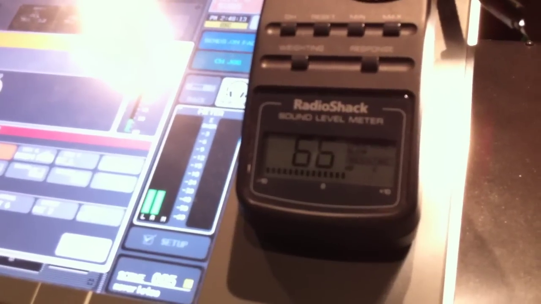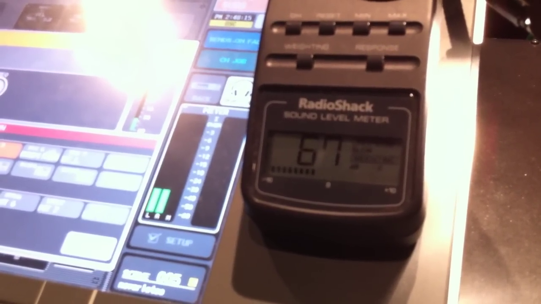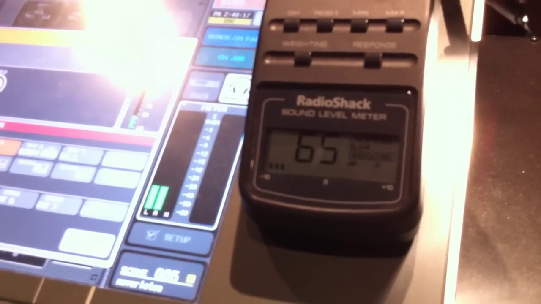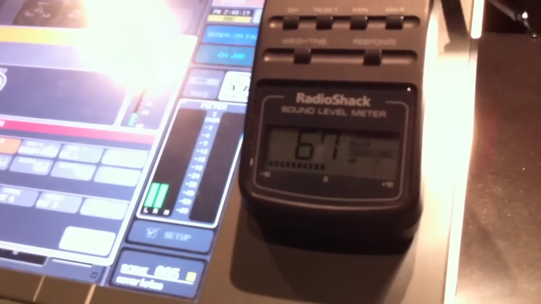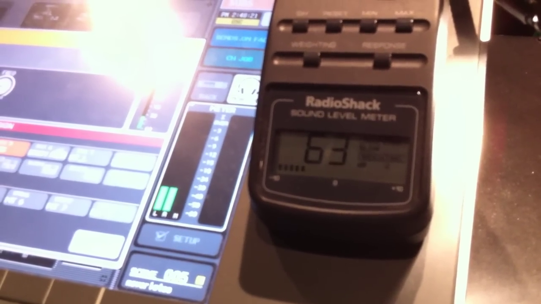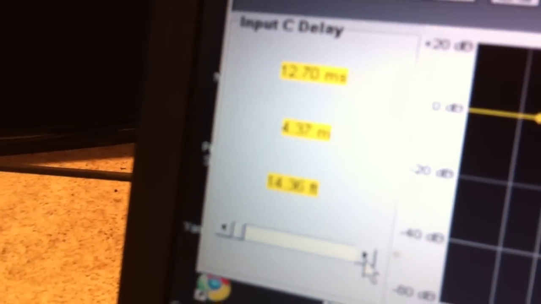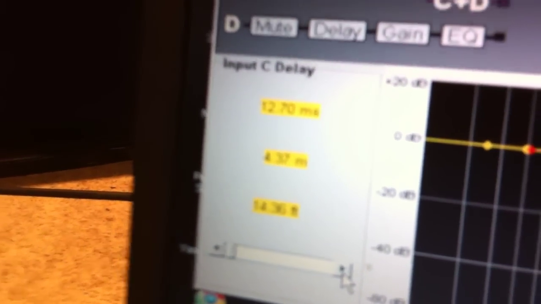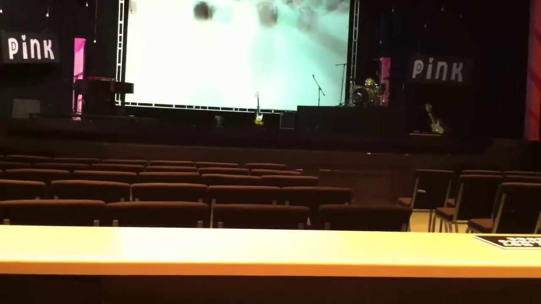So that's 64, 63. That's pretty much it right there. And that's 14.36 feet. And if I were to estimate, I would say those subs are about 14 feet ahead of the mains, roughly. And that's what we're looking for.